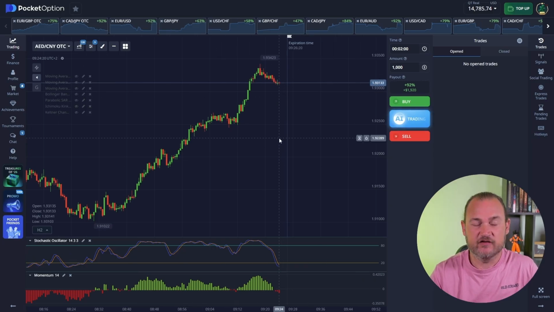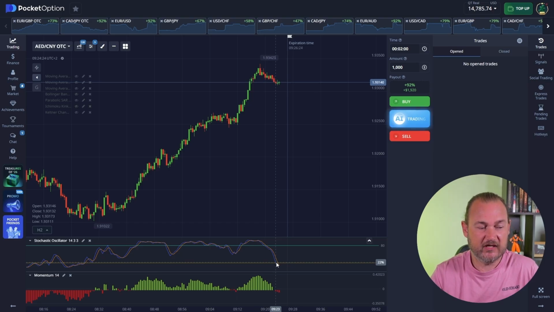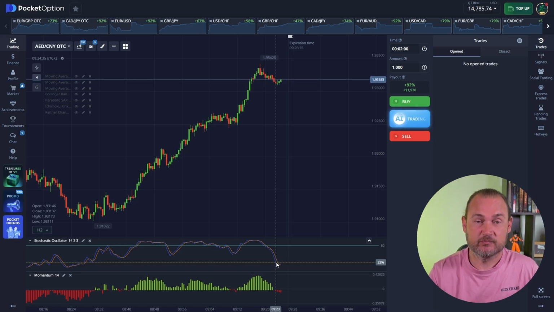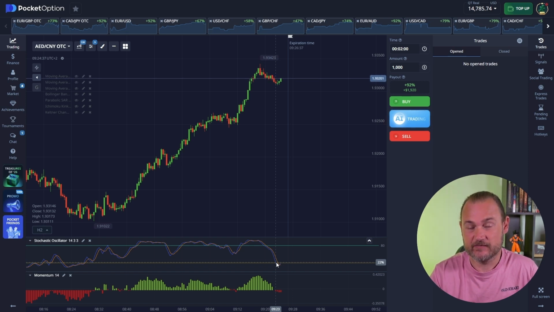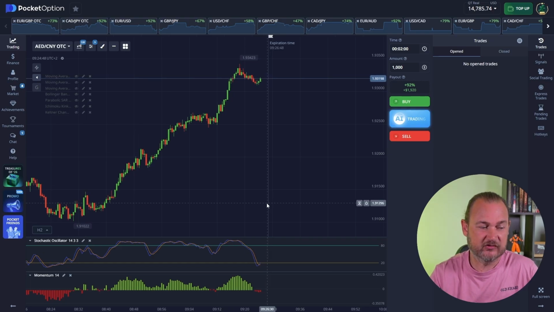Now, if we are looking for buy entries, we're going to be looking for areas where the stochastic enters the overbought zone. So not the oversold. We're not going to be looking at the oversold area when price is moving upwards. In a bullish trend, we're going to be looking at the overbought area, which a lot of people might find tricky, but it's the correct way to really use the stochastic.